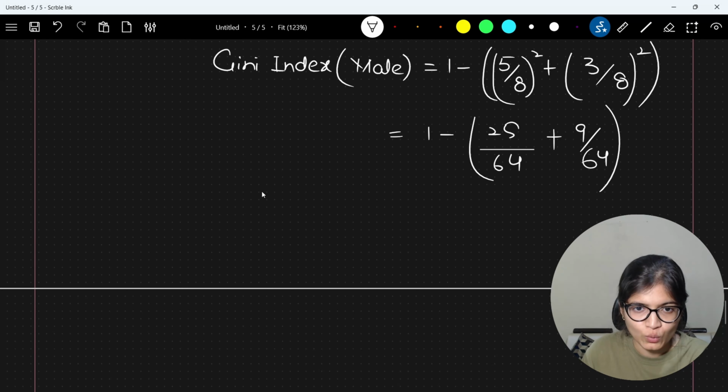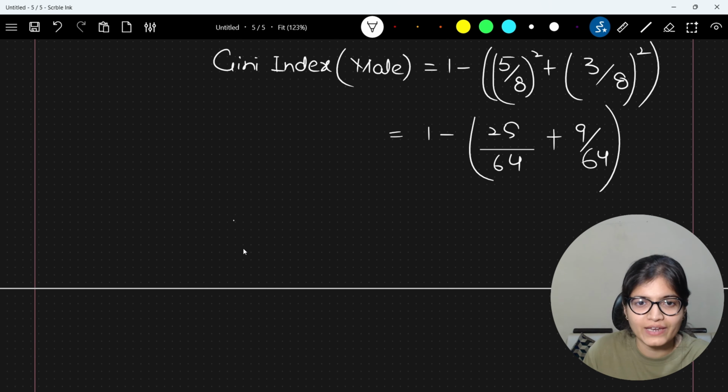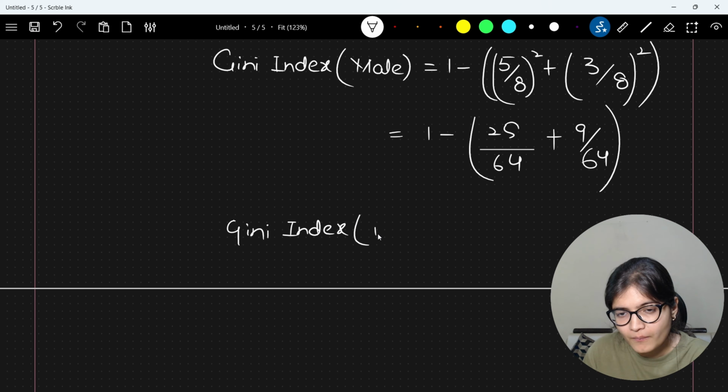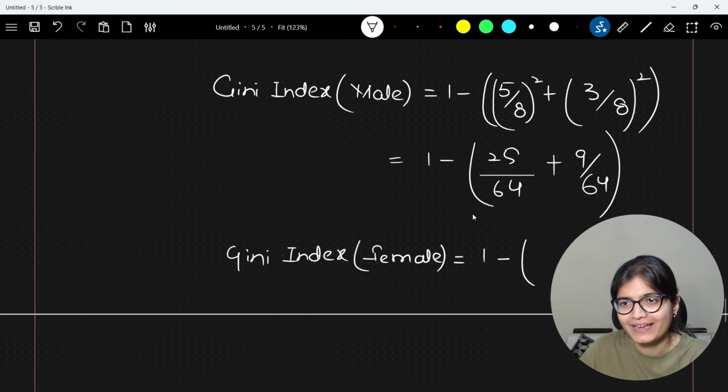Similarly, we can compute the Gini index with respect to the female part. Here also we get an answer equal to 1 minus, what is the value of male? It will be 3 by 6.